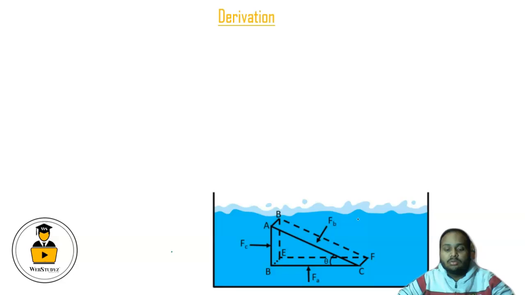Corresponding to normal forces, these faces will have forces FA, FB and FC, and similarly cross section areas AA, AB and AC on these three faces. In right triangle ABC, we refer to angle ACB as theta.